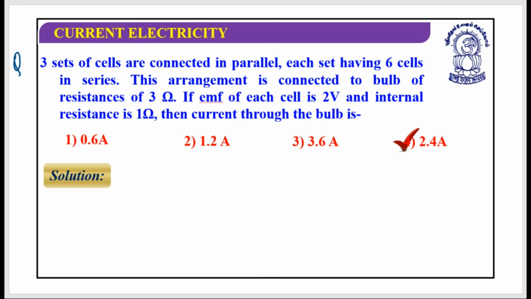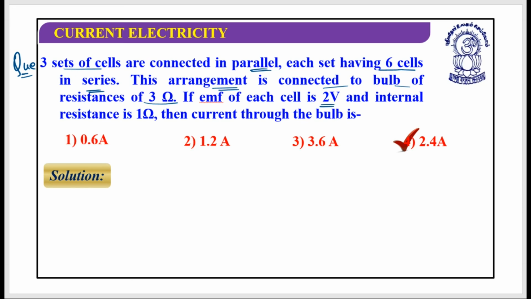It says 3 sets of cells are connected in parallel and each set has six cells in series, and this arrangement is connected to a bulb of resistance 3 ohm.